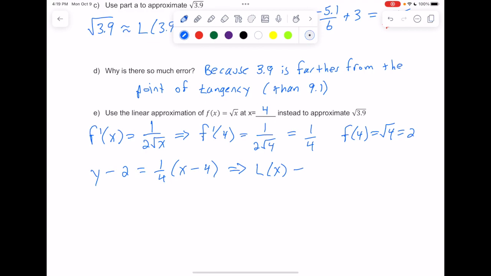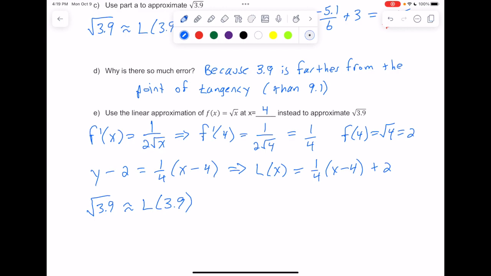And so L of x is equal to 1/4 times x minus 4, and then that minus 2 gets moved over, and now it's a plus 2. And then when we want to know what is an approximation for the square root of 3.9, we can approximate that by plugging 3.9 into this new linear approximation function, where the point of tangency is very close to 3.9, and therefore the tangent line and the graph should have very similar values.